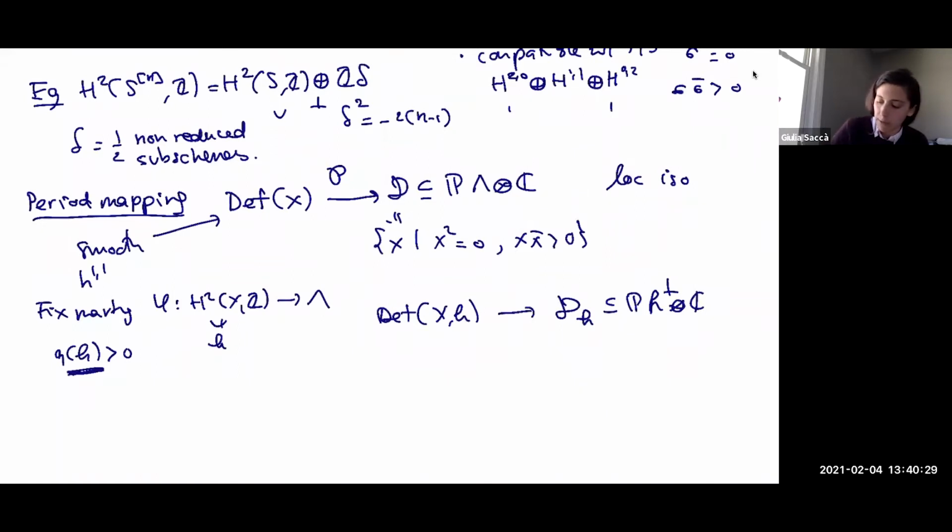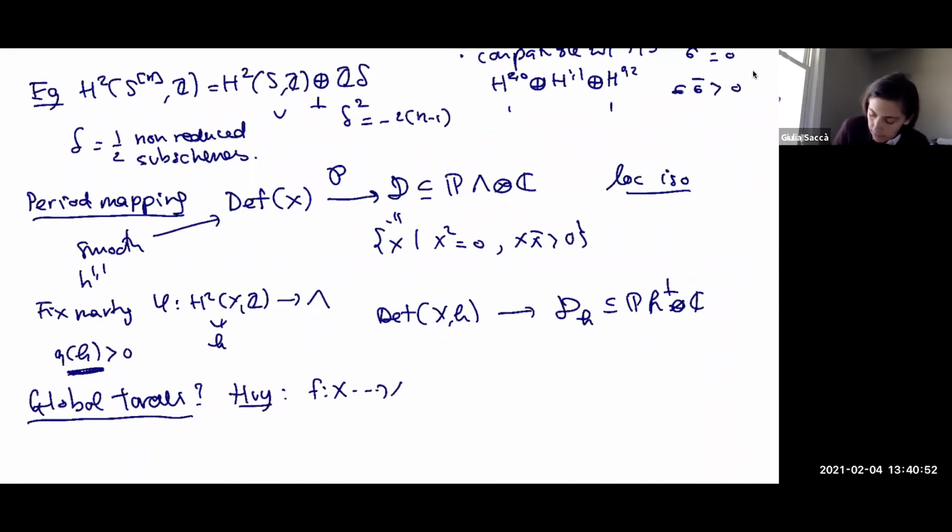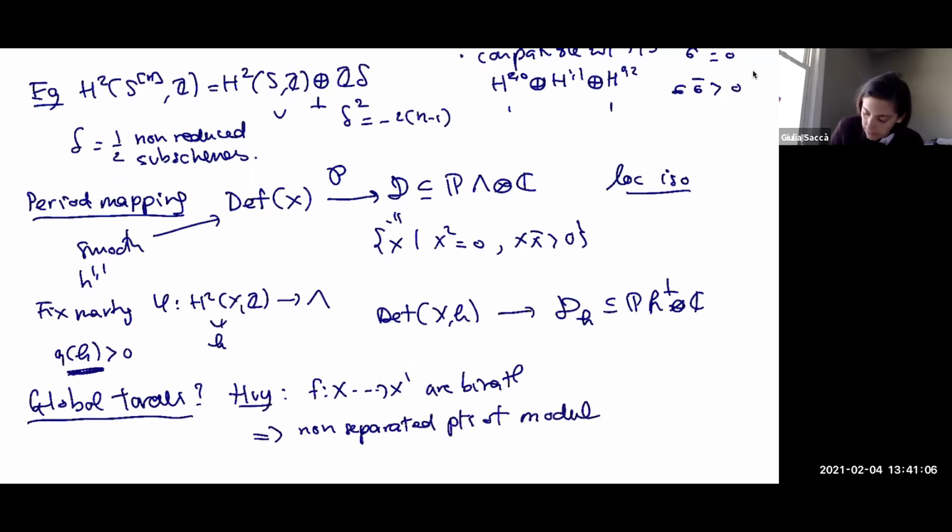So now that we have that the local period mapping is a local isomorphism, that's what is usually called local Torelli. You can ask, what about the global Torelli? And the answer is no in general, because a result of Huybrechts says that if X and X' are birational, then they correspond to non-separated points of the moduli space, and here I should say which moduli space, of marked pairs.